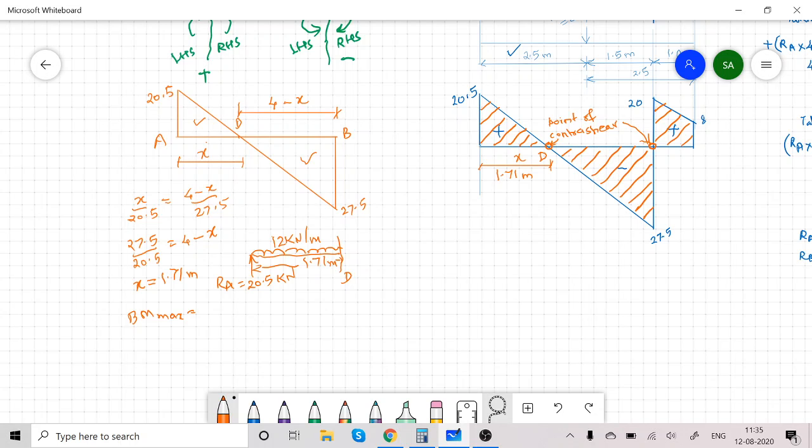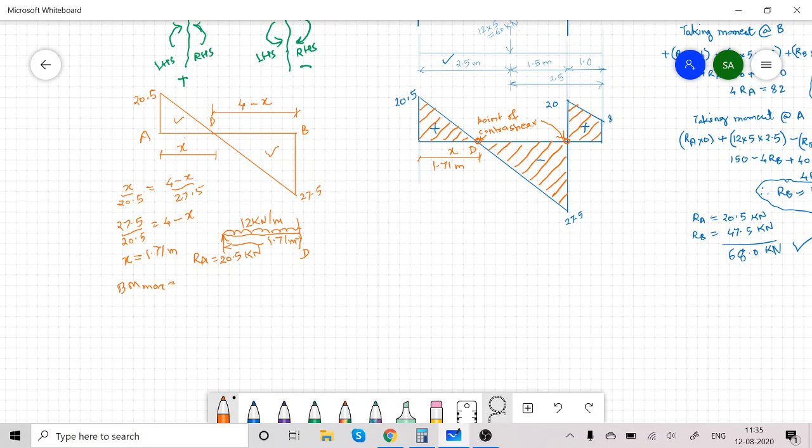Now bending moment at D, which is maximum, will be equal to, again considering the sign convention, RA into 1.71, because the distance up to D from A that we calculated is 1.71. So RA into 1.71, this is clockwise on the left hand side, so positive.